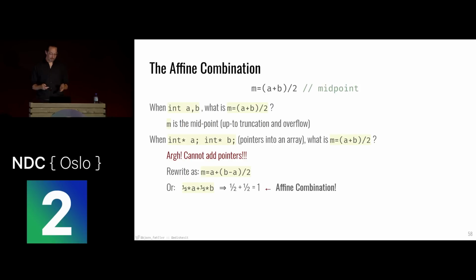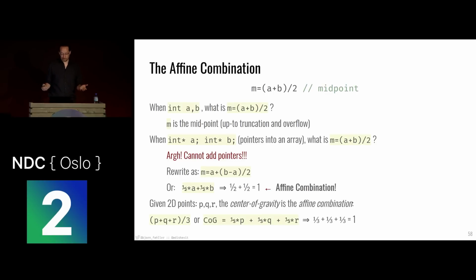So another way to look at this is as if we're multiplying A and B by 2 weights which sum up to 1, which is 1/2 and 1/2, right? So this is exactly an affine combination. This is exactly the case where these affine combinations are interesting, whenever we want to find interesting points that depend on the inputs.